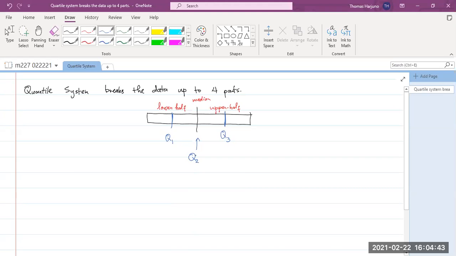Now, the way it is being done will be that the first quartile and the third quartile will be the median of lower or upper half without the median of whole data.